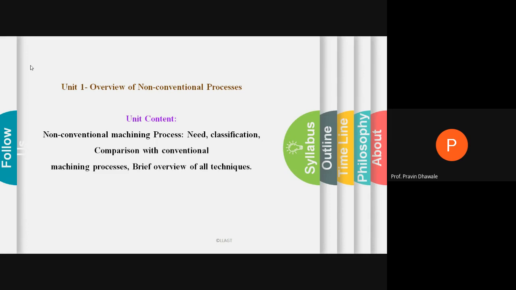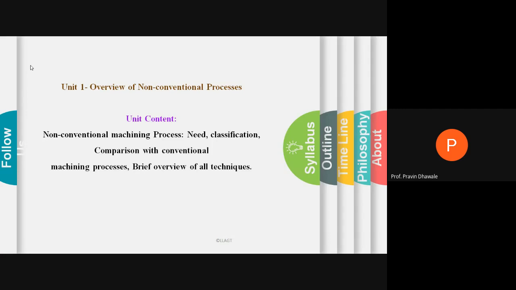How is material removed from the workpiece to get the desired shape or perform the desired operation? Which kind of tool is to be used? What will be the material of that tool? How is force applied? So when you consider the conventional machining process, a picture of a lathe, drilling machine, milling machine appears in front of your eyes.